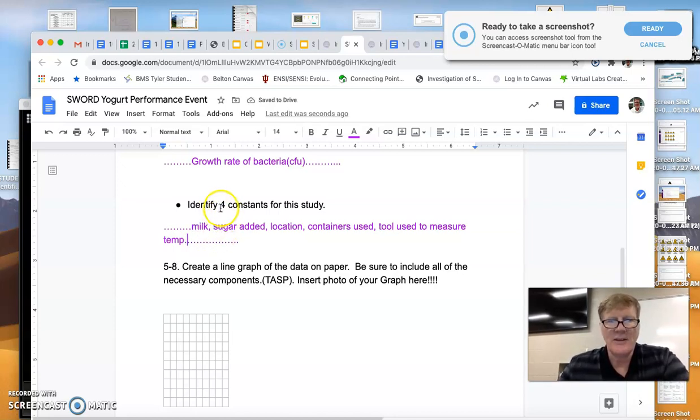But you need 4 of them. Again, any of them, anything that would affect the growth of bacteria other than temperature. And obviously you can't have growth rate here because that's your dependent variable.